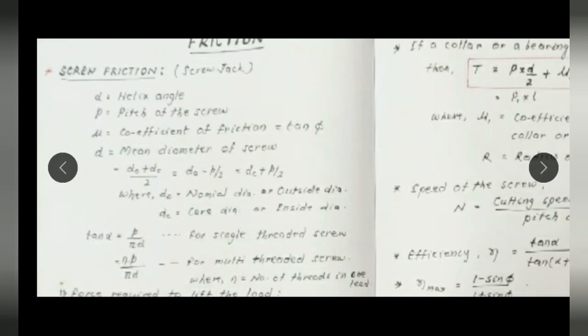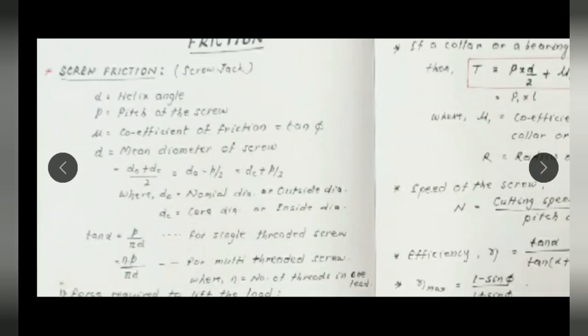D equals mean diameter of the screw, which is equal to (Do plus Dc) by 2, equal to Do minus P by 2, equal to Dc plus P by 2, where Do equals nominal diameter or outside diameter, also known as major diameter. Dc equals core diameter or inside diameter or minor diameter.